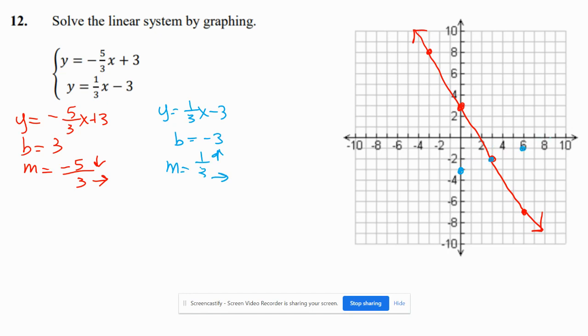For points in the opposite direction, down 1, left 3. And here we're interested in the point of intersection. So we're looking at that point right there. So your answer is going to be 3, -2, written as an ordered pair.